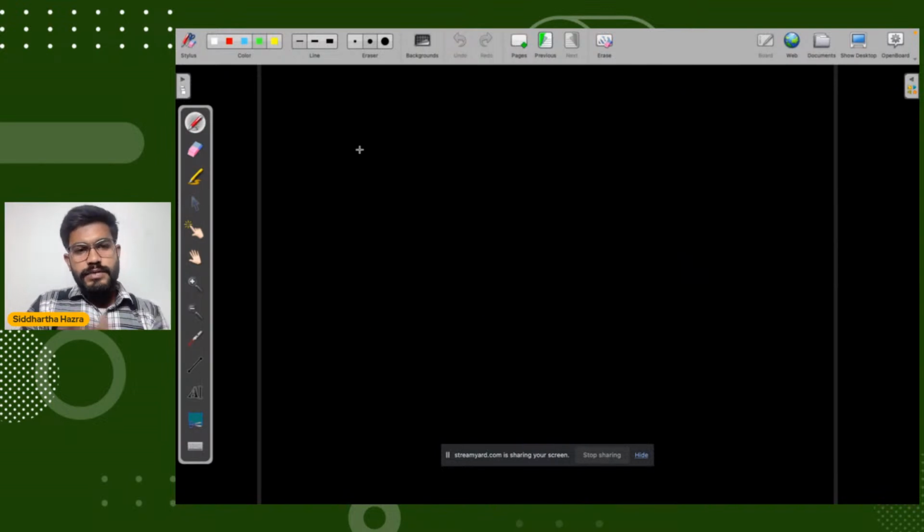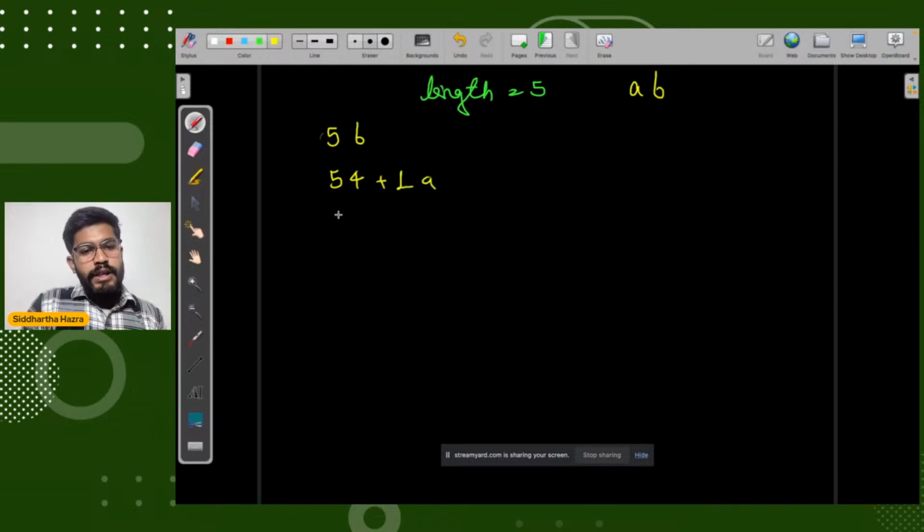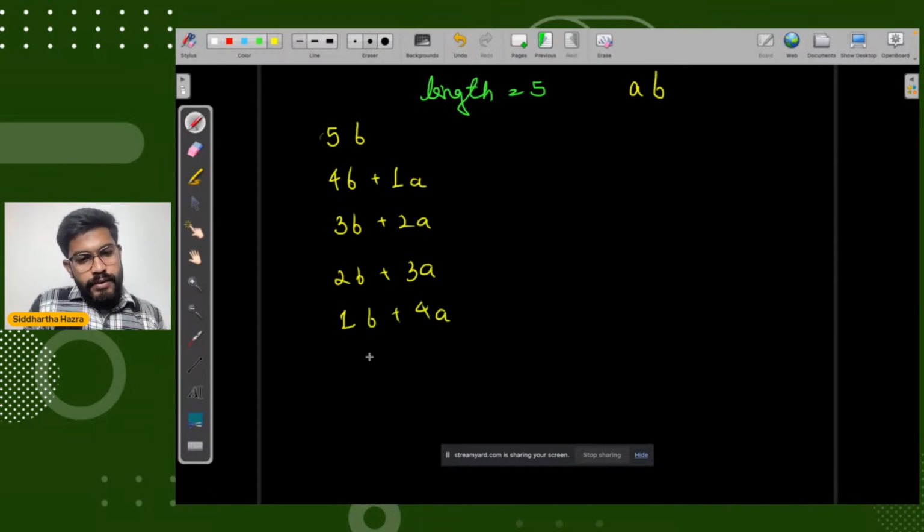So I can say that if the given length is equal to 5, and we can only have a and b, then in the first one I would have 5b, then I would have 4b and 1a, then 3b and 2a, then 2b and 3a, then 1b and 4a, then 5a.